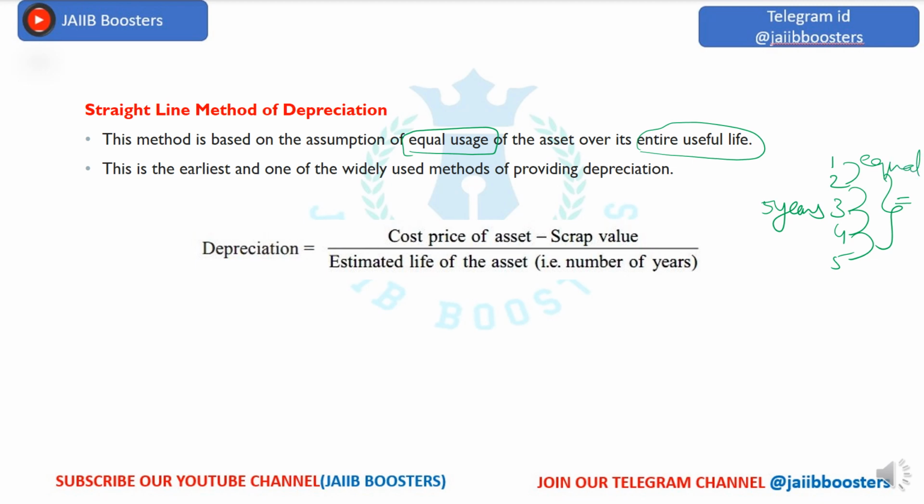This is the earliest and one of the most widely used methods of providing depreciation. What is the formula for depreciation? Cost price of asset minus scrap value, divided by estimated life in years.